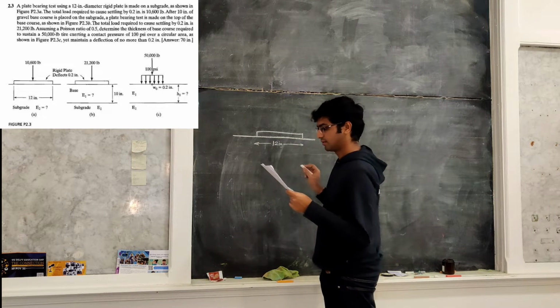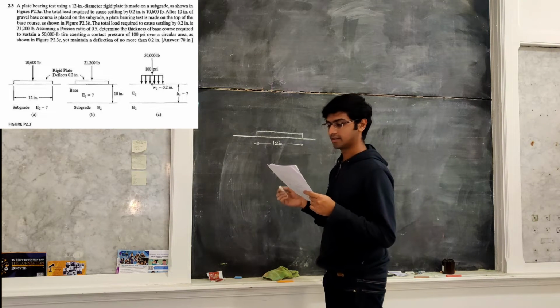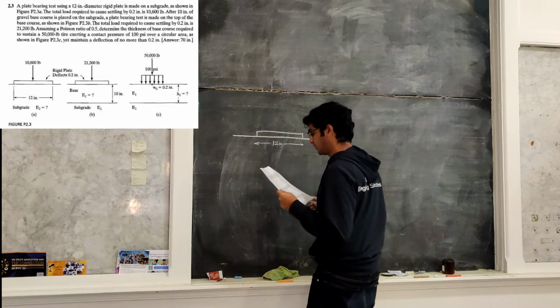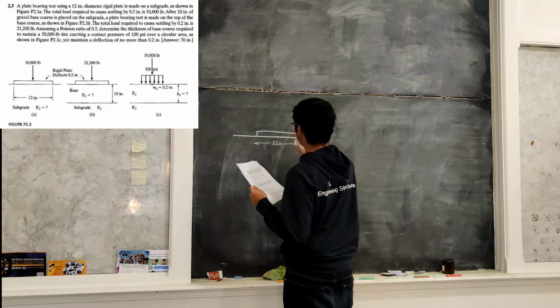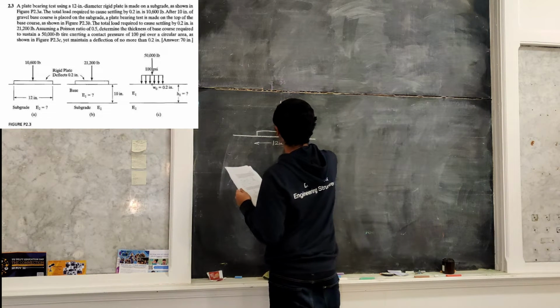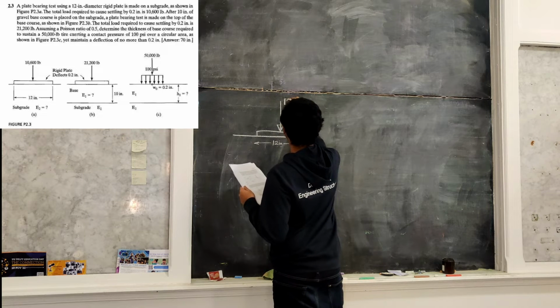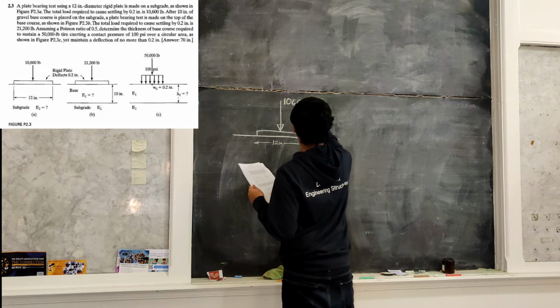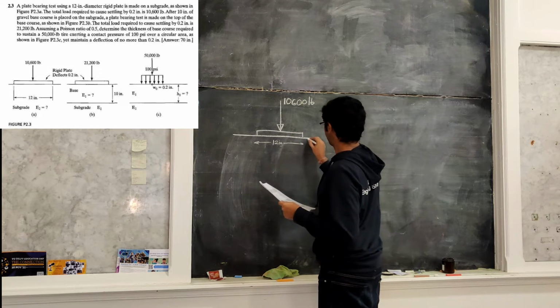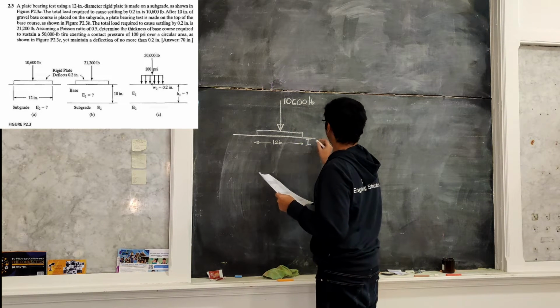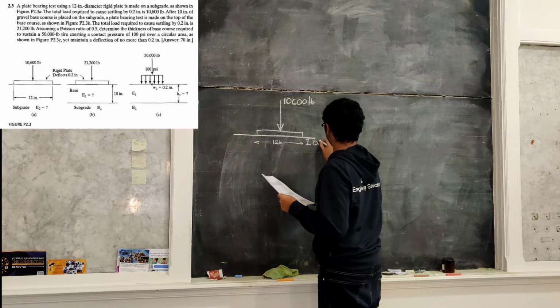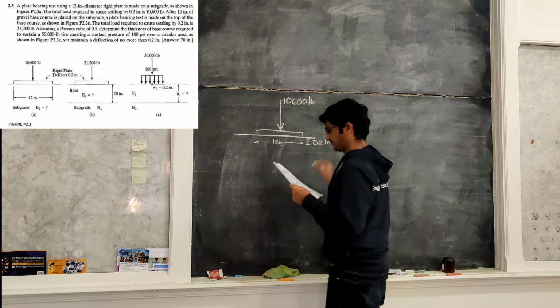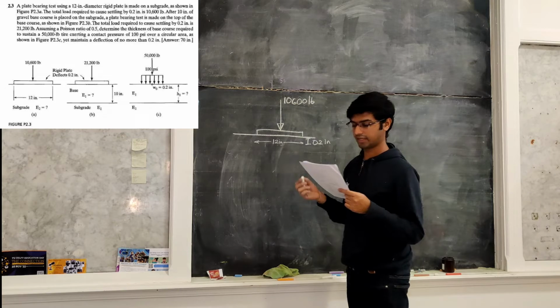The total load required to cause the settlement of 0.2 inch was 10,600 pounds. So the applied load is 10,600 pounds. Allowable deflection is 0.2 inch. This is our first case.